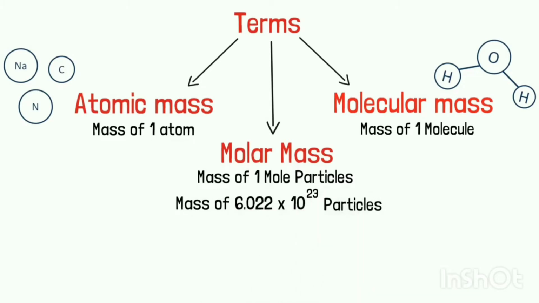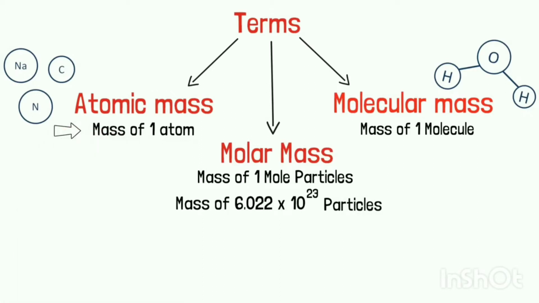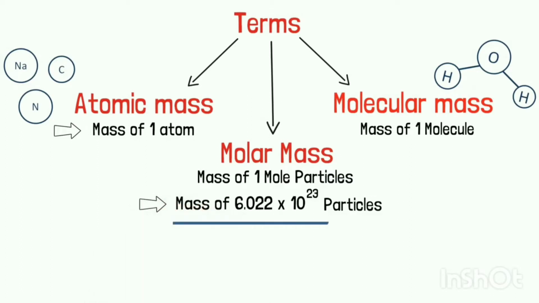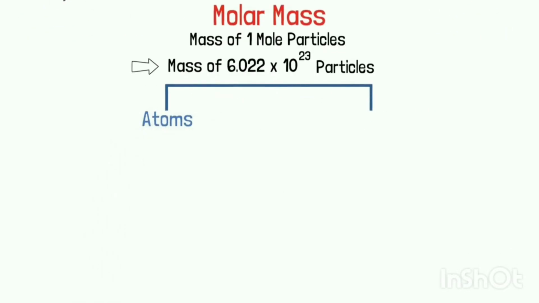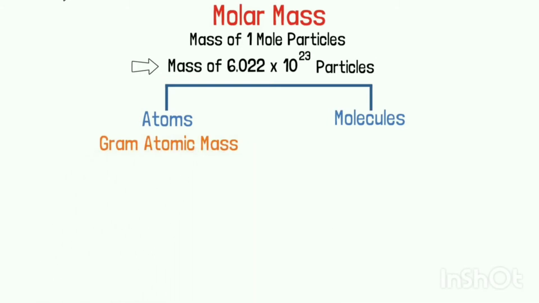And this is how we can differentiate between these three, that atomic mass is mass of one atom, while molar mass is a mass of 6.022 into 10 raised to power 23 particles. Now these particles could be atoms as well as molecules. So if we are talking about the mass of 6.022 into 10 raised to power 23 atoms, then the mass is said as gram atomic mass.